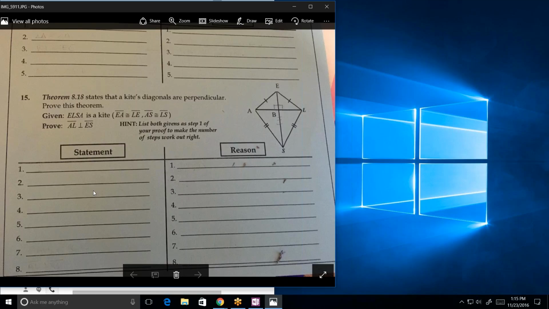You can do either AB is congruent to BL, or... well, let's pick one. There's definitely two different ways to do this, but you've got to pick one. I'll do AB is congruent to LB. Based on?